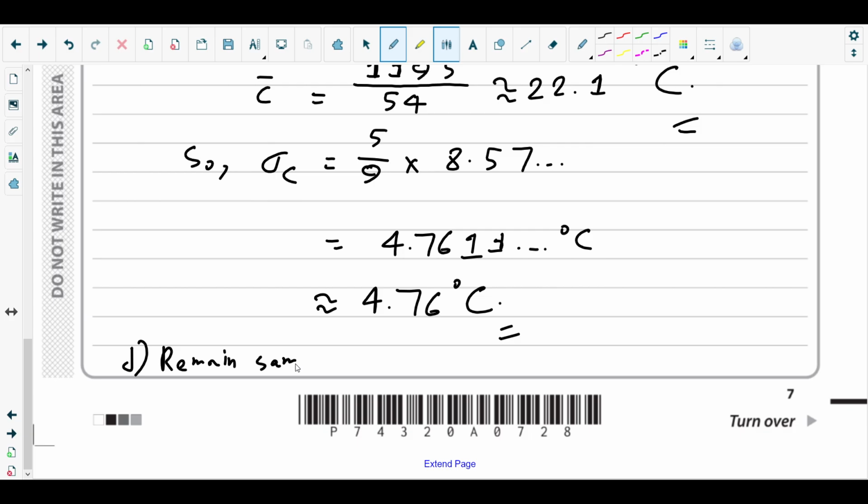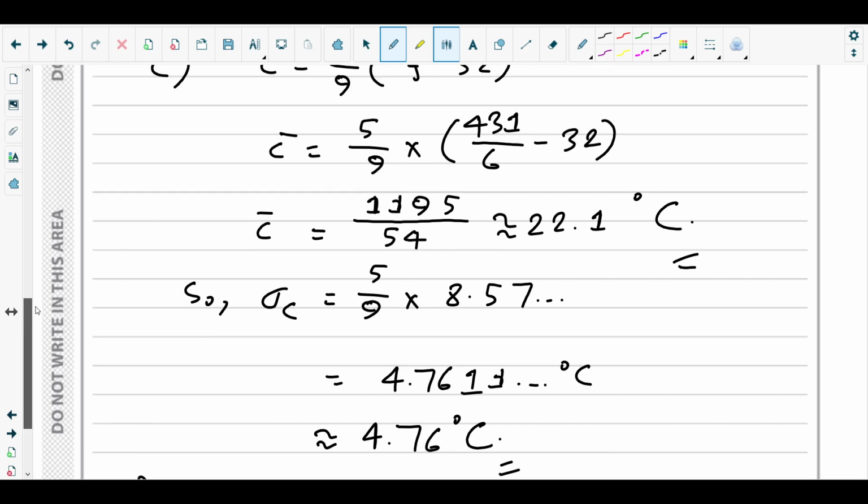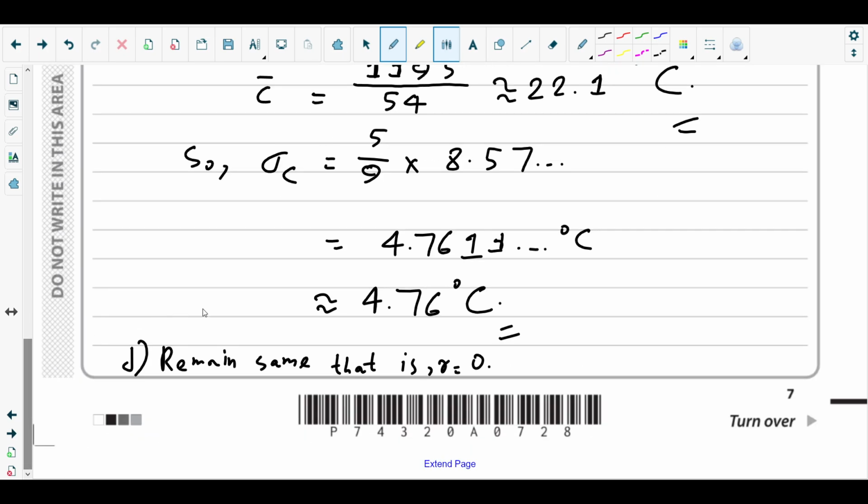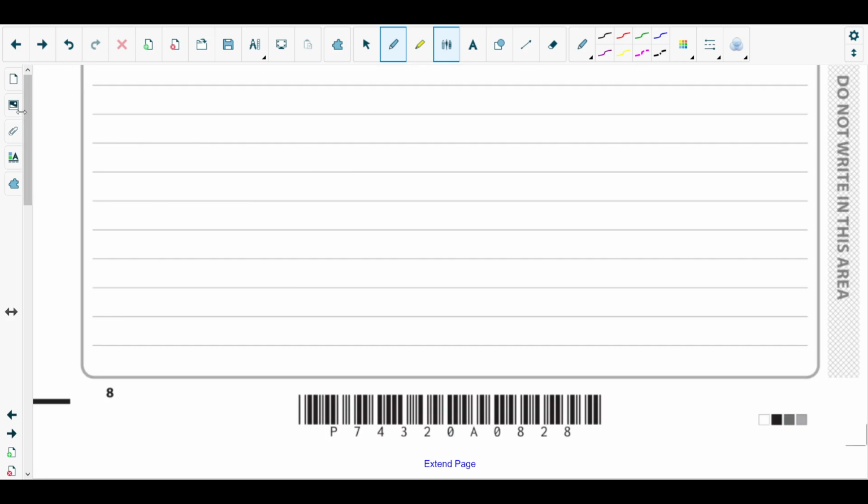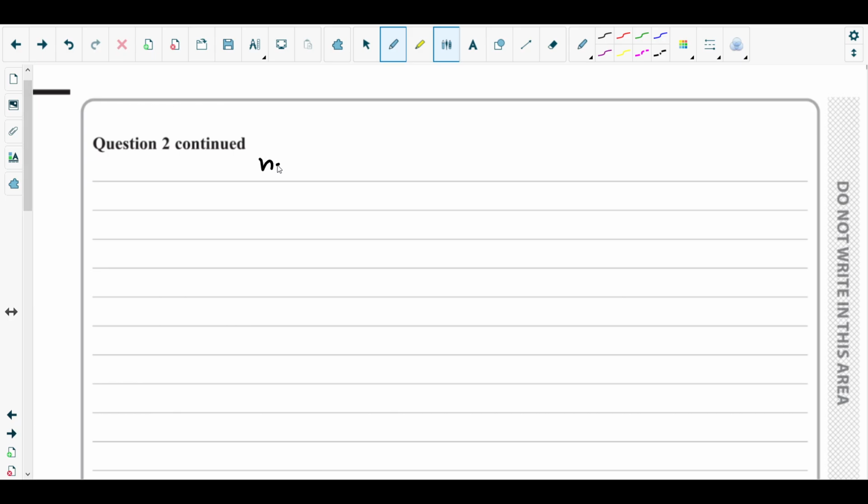Remain the same, that is r equals 0.849, since coding does not affect the value of the PMCC.